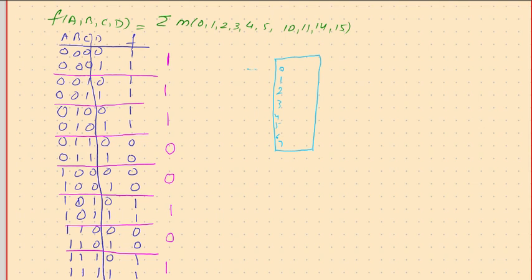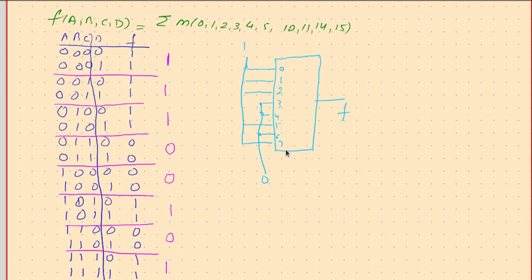For 0 we need a 1, for 1 we need a 1, for 2 we need a 1, for 3 and 4 we need a 0, for 5 we need a 1, for 6 we need a 0, for 7 we need a 1. So for all these we need a 1, and for these three we need a 0.